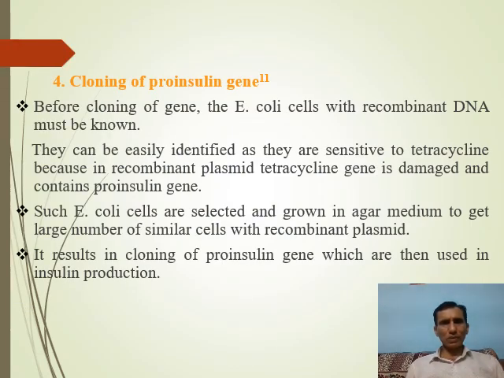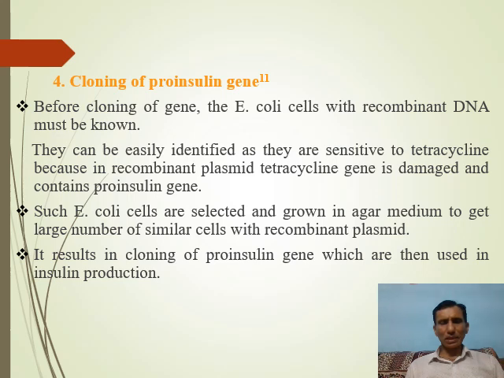Fourth step, cloning of the proinsulin gene. Before cloning, the E. coli cells with recombinant DNA must be identified. They can be easily identified because they are sensitive to the tetracycline antibiotic, since in the recombinant plasmid the tetracycline gene is damaged and contains the proinsulin gene inserted in that part.